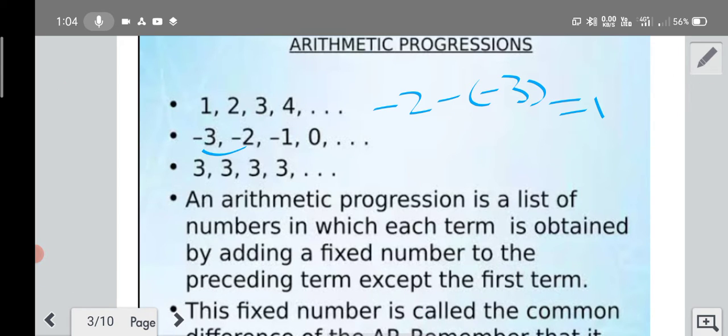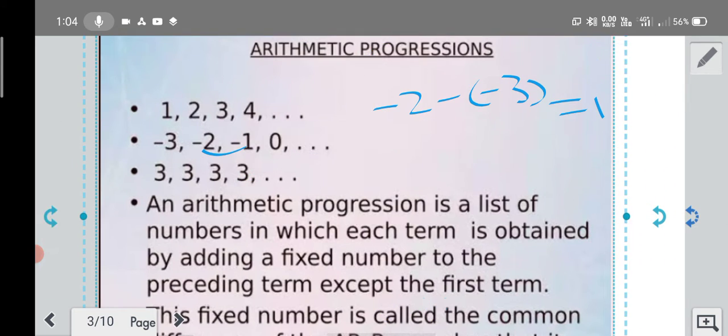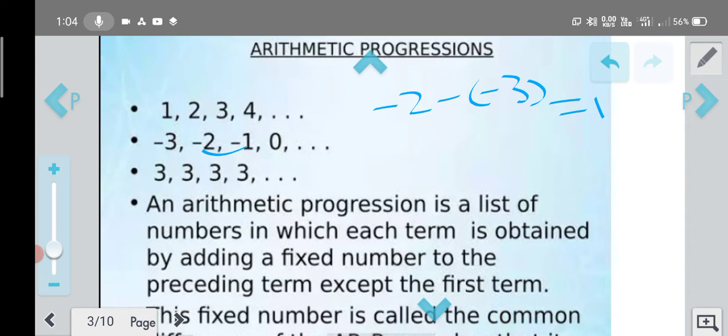Similarly, third term minus second term: -1 minus -2 is -1 plus 2, equal to 1. It means the fixed number here is 1. Similarly, the fourth term minus the third term is also plus 1: 0 minus -1 is equal to plus 1.